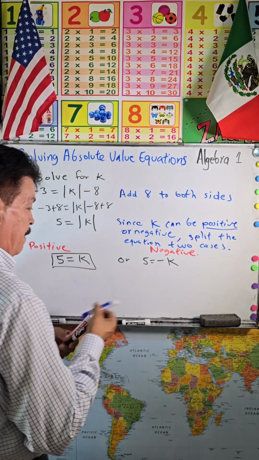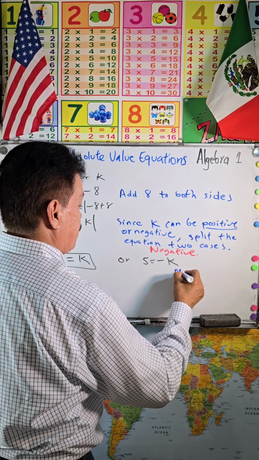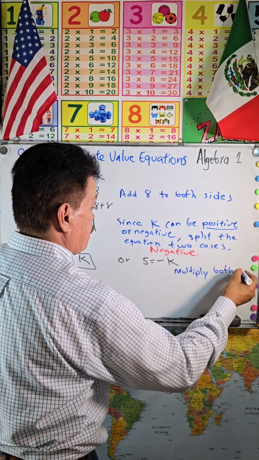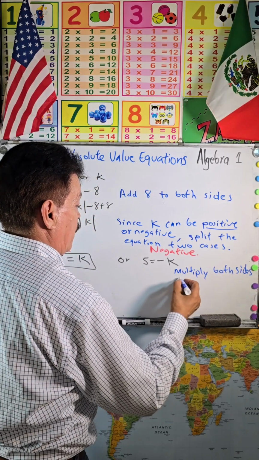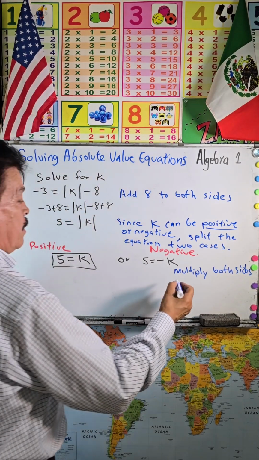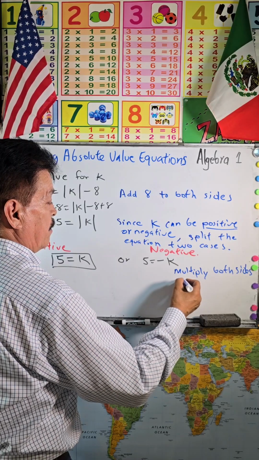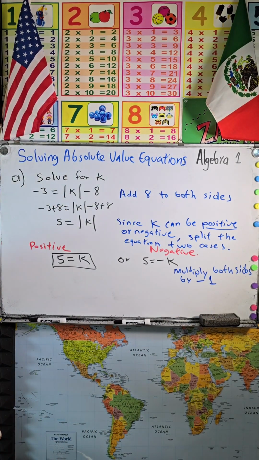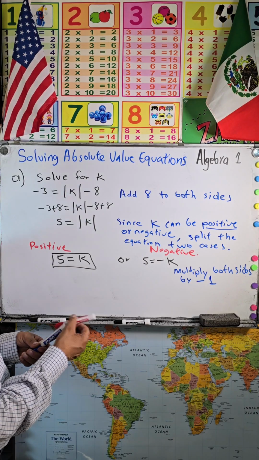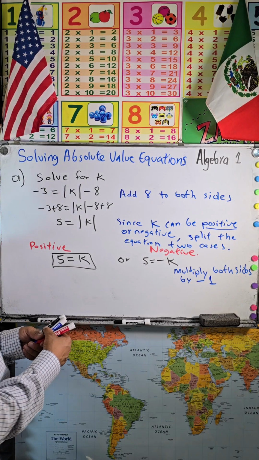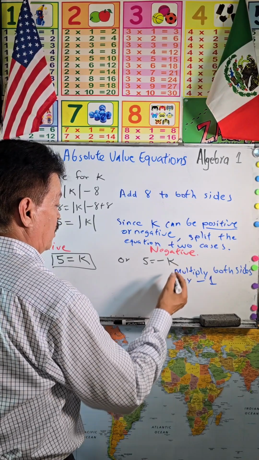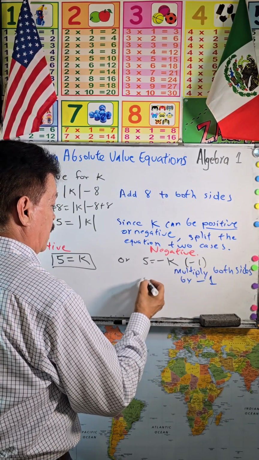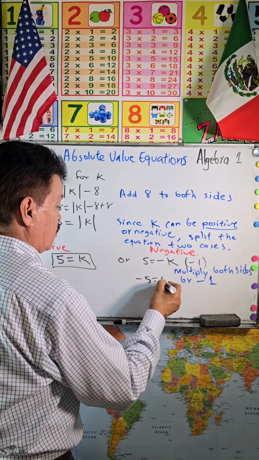If you multiply by -1, you will have -5 equals k.